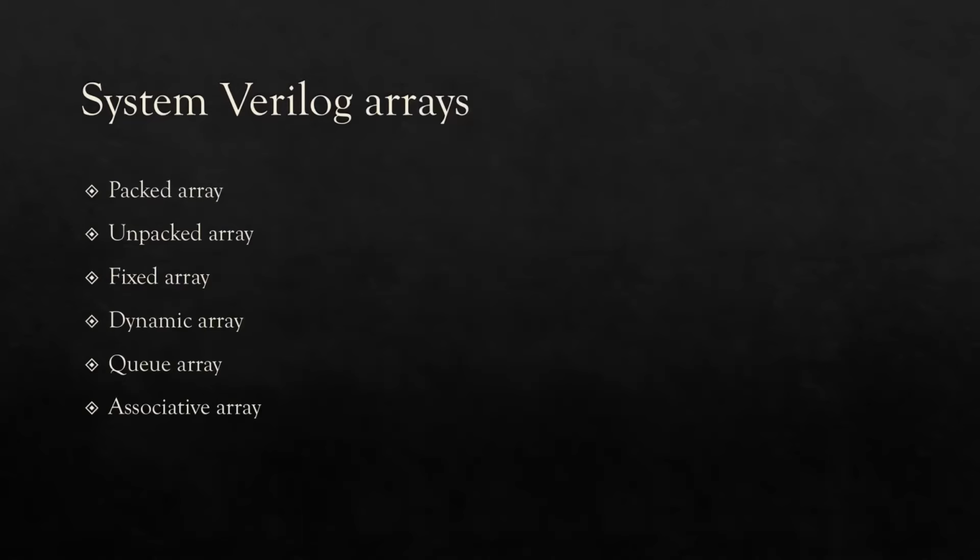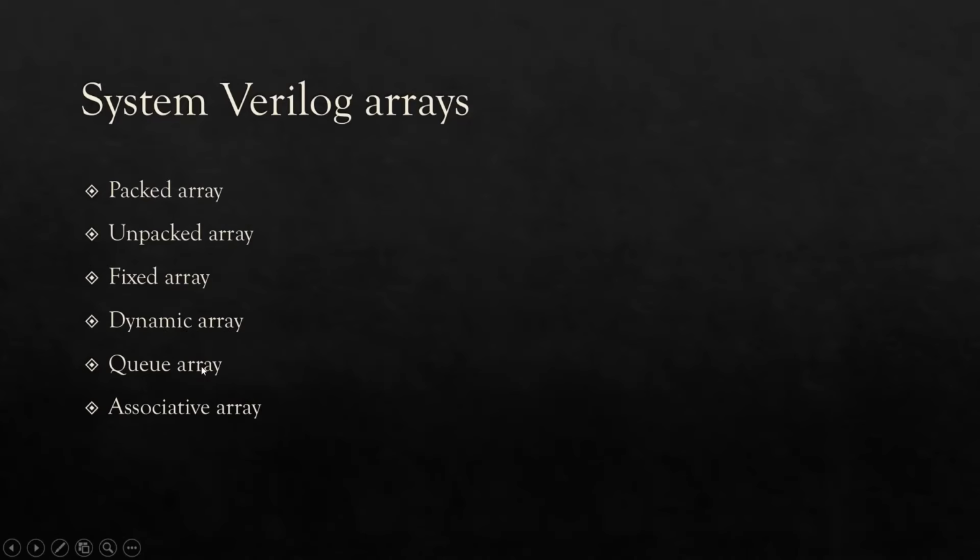Dynamic is dynamic in nature, fixed array is static in nature. The fixed array gets memory at compile time. Dynamic array gets memory at runtime.